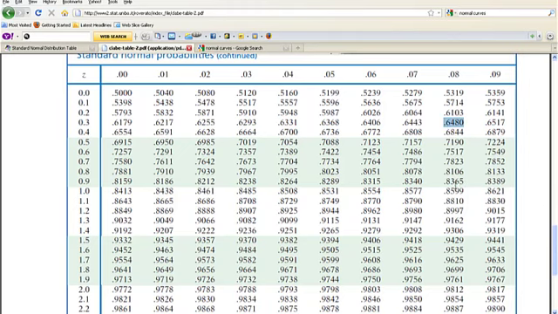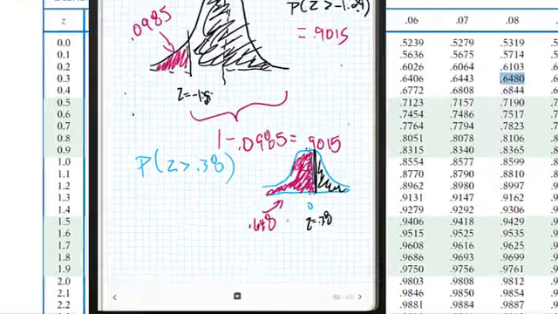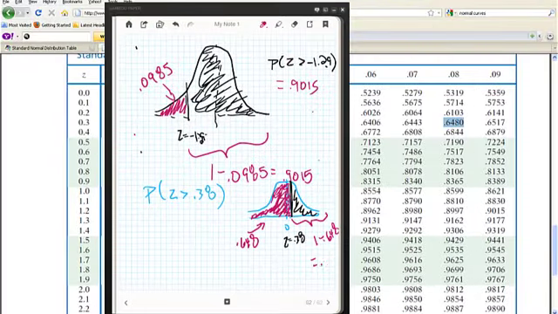So I go back to my paper right here, and I know that the area below 0.38, all of that area, according to that, is 0.648. So the area above, which is what I'm looking for, is 1 minus 0.648, which is what? 0.352.